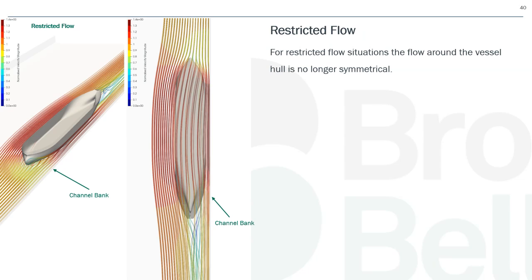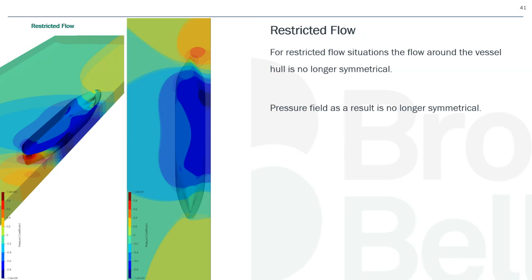What's happening on one side isn't the same as what's happening on the other side, and you can also see that the speeds are quite high, red. It's intensified your speeds, and as we remember, the speeds are linked to your pressure. So for your pressure field around the vessel, you can see that it's very asymmetrical. What's happening on one side isn't the same as what's happening on the other side.